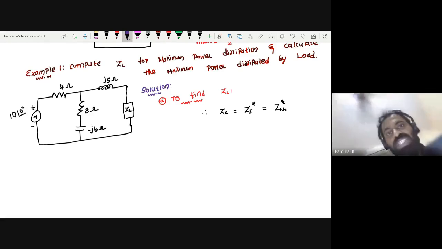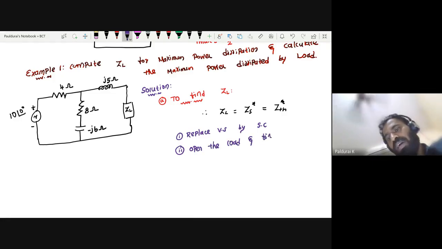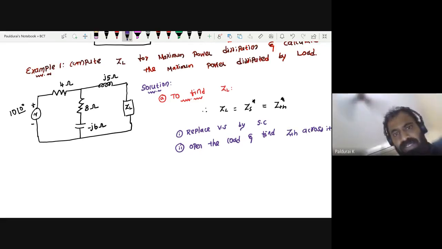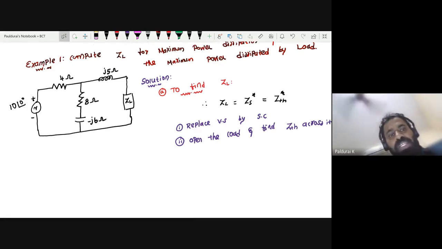What is the procedure to calculate it? First step, replace the voltage source by a short circuit. Second, open the load and find ZTH across it.